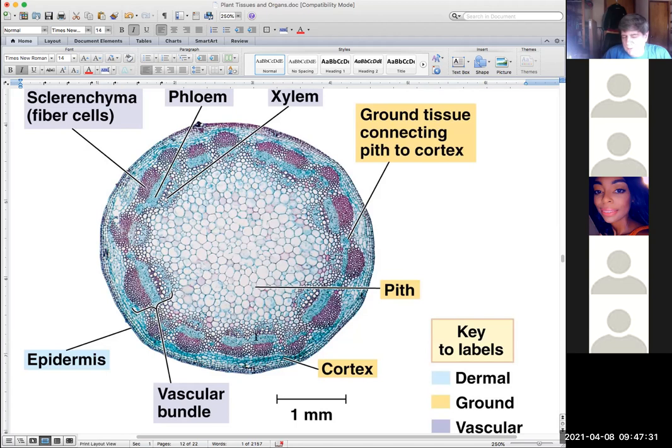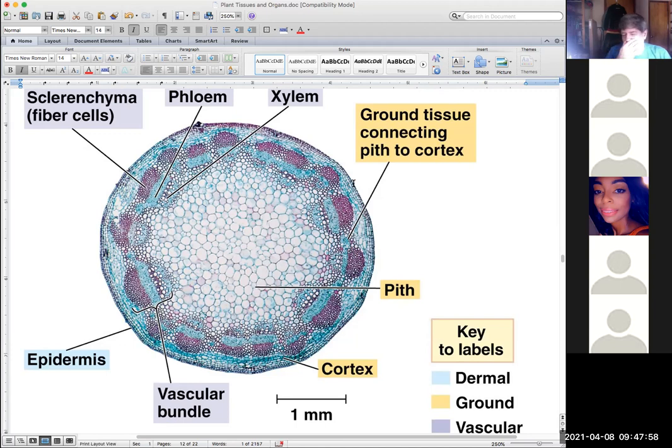The greenish band in here, this is the phloem cells. And then towards the outside, this big purple clump, this is some cells called sclerenchyma. And sclerenchyma cells are mostly used to support plants, to hold them up into the light.